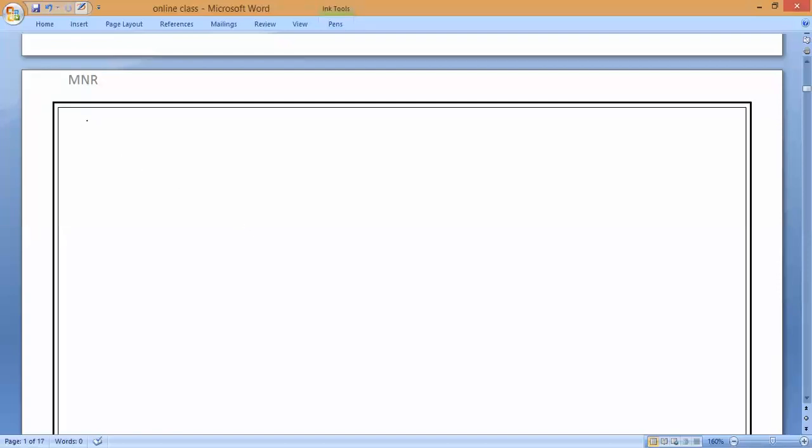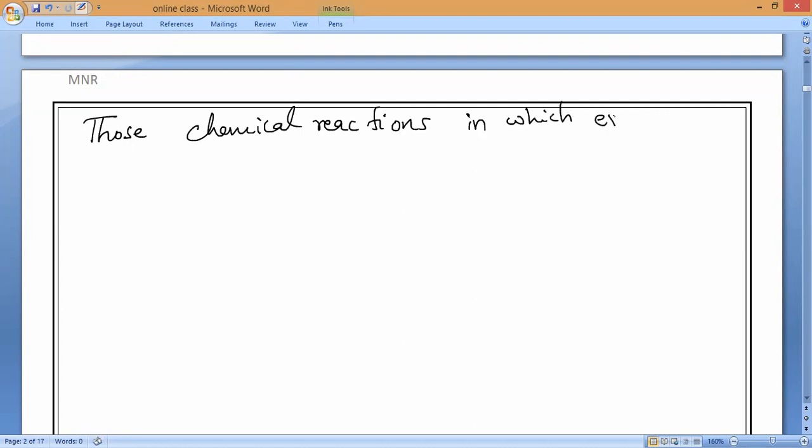So I can write the definition here. Please all of you write: those chemical reactions in which exchange of what is taking place? Exchange of ions. Anions, that is also, if you want, you can write.